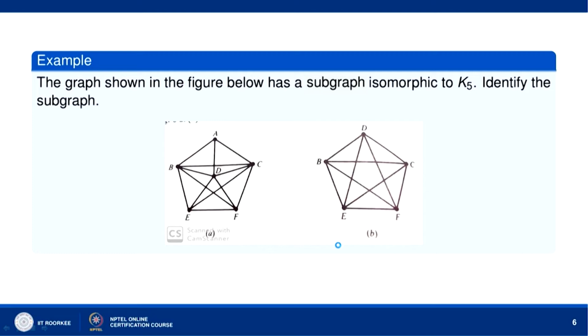So, what we do here, let us remove the vertex A, and then the edges AB, AC and AD will also be removed.